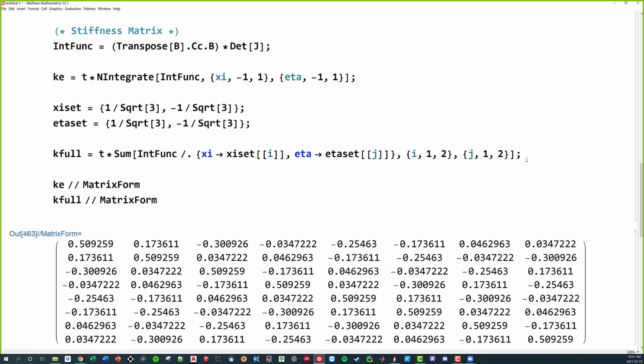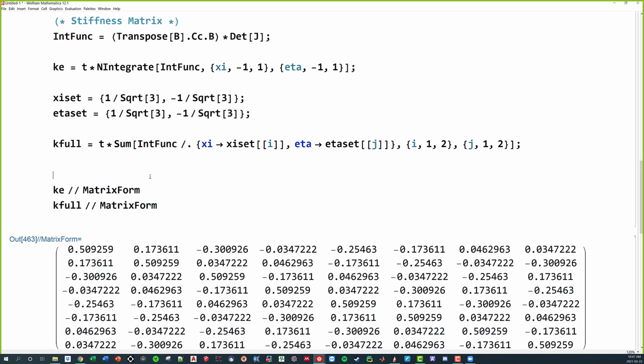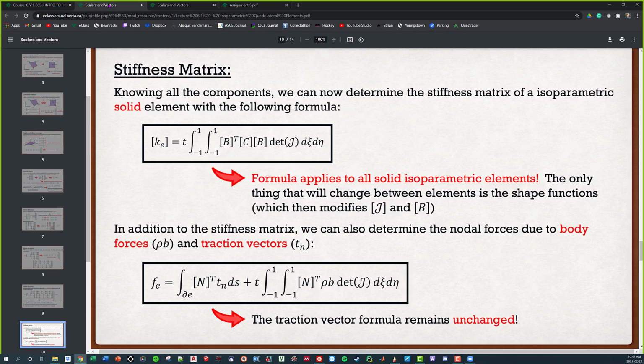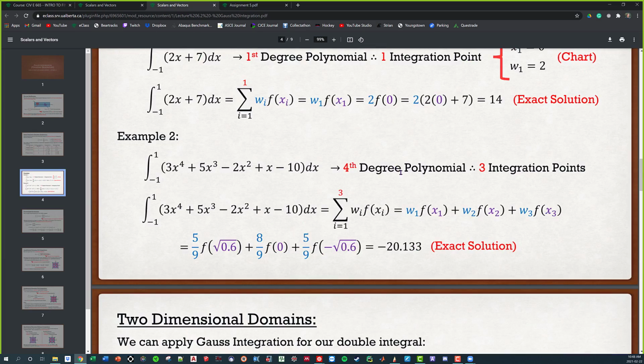So now we're going to look at the reduced form. So k reduced. So reduced integration. Again, it's going to be t times something. Now in reduced integration, how many integration points do we need? 1. What were those integration points? So if I were to come back here, oh, sorry, we're now in the Gaussian slide.